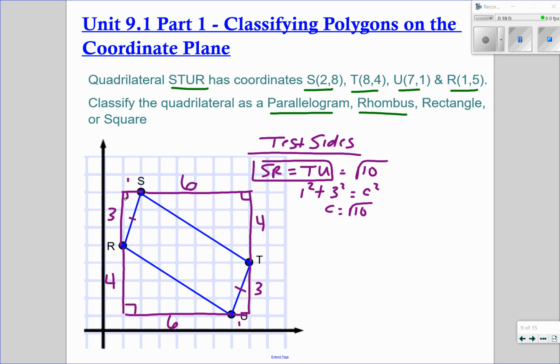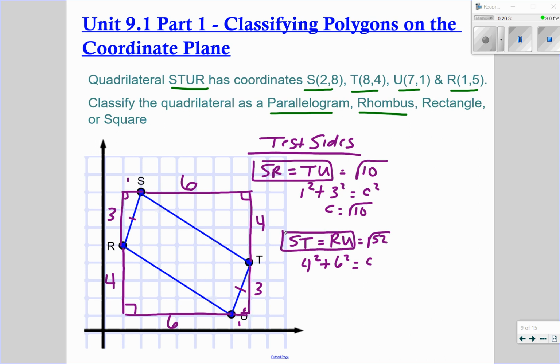So again, I'm going to say that ST must be equal to RU. And if I show my work here, which is what is needed, 4 squared plus 6 squared equals C squared. So you guys should be comfortable by now. 6 squared is 36, and 4 squared is 16. This would be the square root of 52.